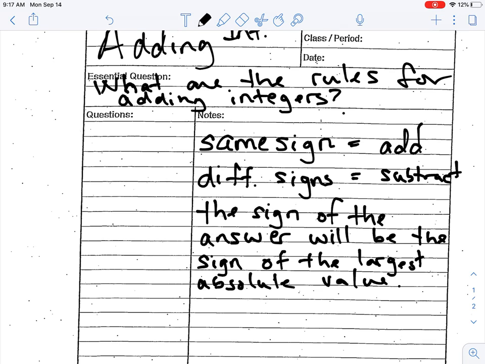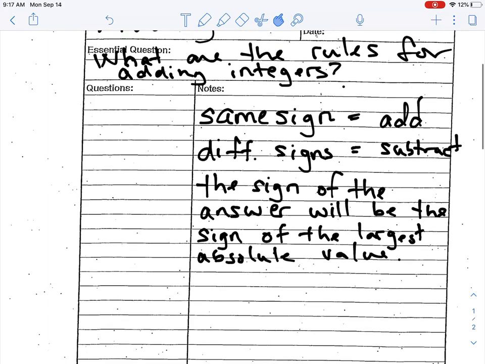Now, this is if you don't have to use a number line, or for some classes, if you don't have to use counters. Not every class did the counter method.